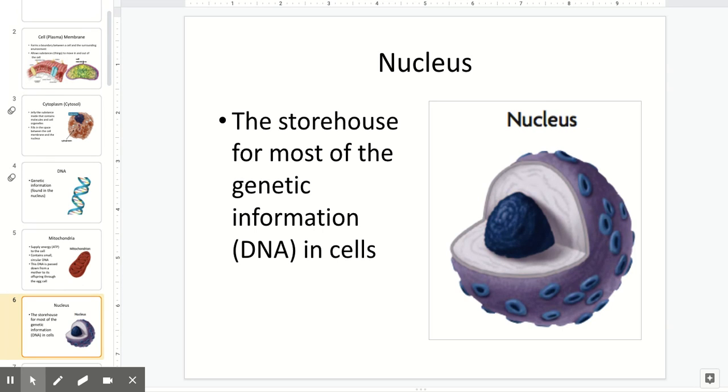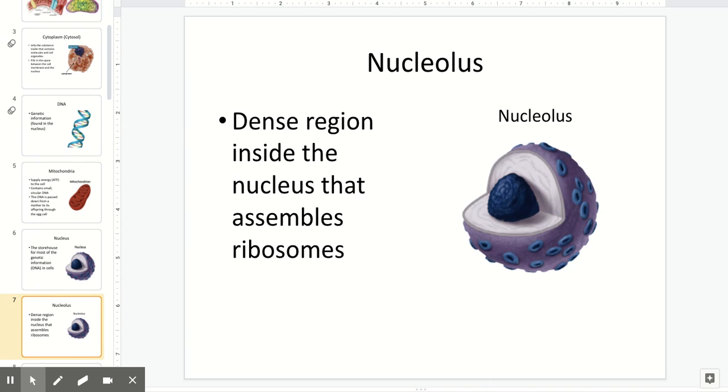In looking at the nucleus, this contains DNA, so clearly it is an extremely important structure, and it is really a characteristic structure of eukaryotic cells. Look for a nucleus. If it has a nucleus, it's got to be eukaryotic. The nucleolus is the dense region. See this darkened area inside the nucleus?